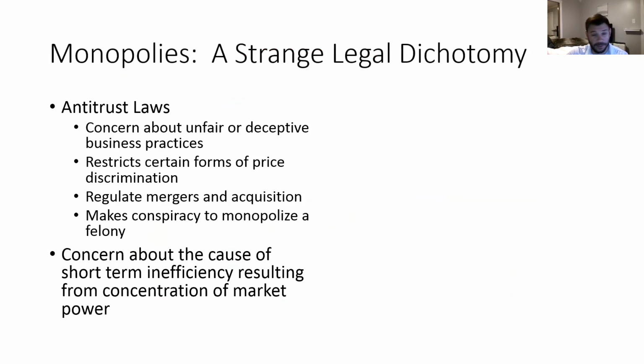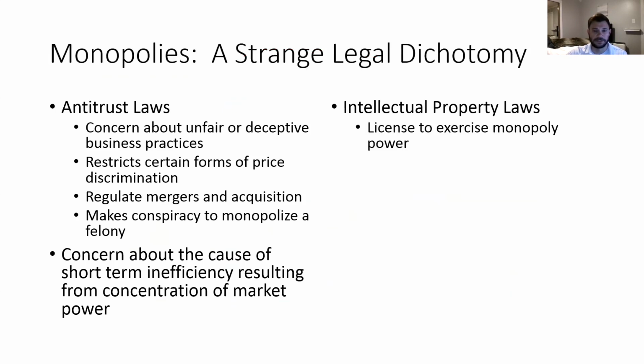Now, what's interesting to think about is that we have these laws, but we also have, on the flip side of the same coin, intellectual property laws, which are literally government licenses to exercise monopoly power. For example, we have patents, which protect ideas. The duration of patents, depending on the type of patent, utility versus design, can range between about 15 to 20 years.